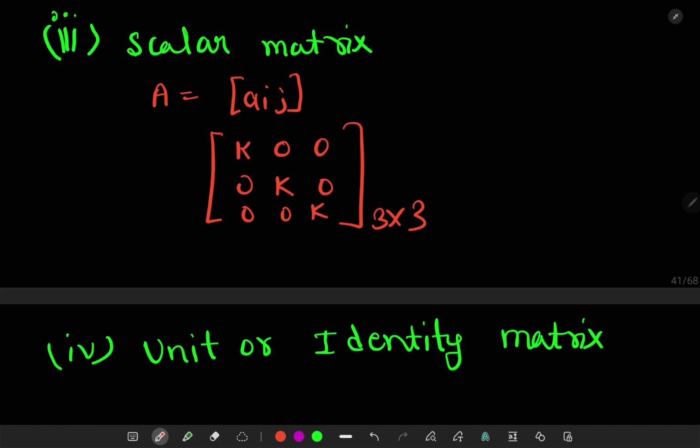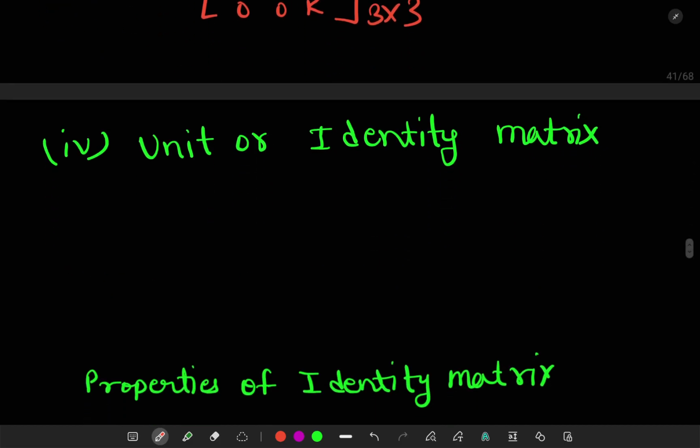Here k is any arbitrary constant. You can see here every scalar matrix is a diagonal matrix.